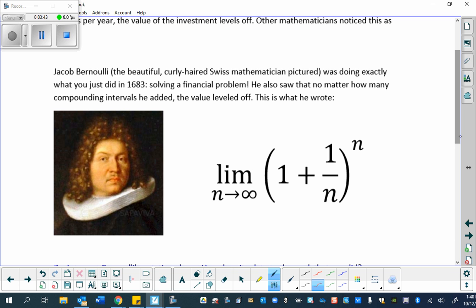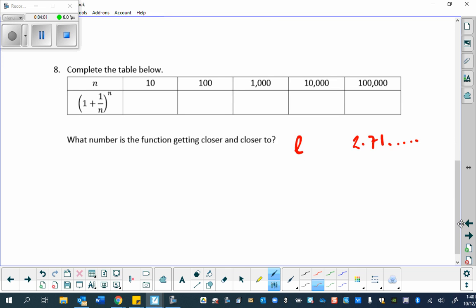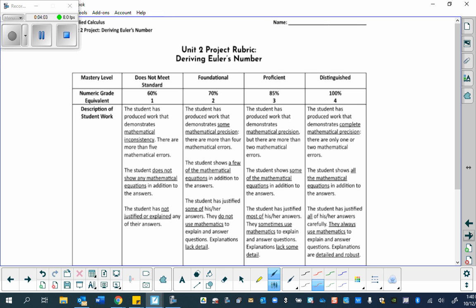As I start taking things to an infinite power, at the same time I'm having 1 plus infinity, we ended up exploring the fact that we end up closer and closer to this value of e, 2.71, and so on, that constant growth factor that we have.